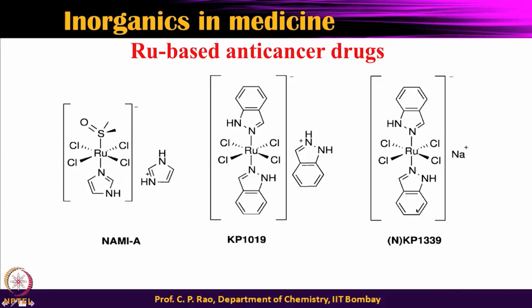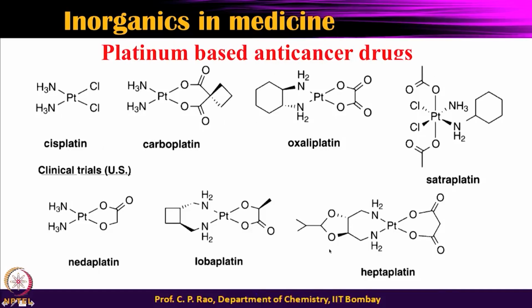So, these two are the same, but the counter cation is different, and this itself is different. So, we have different kinds of anti-cancer agents which are shown to have good potential anti-cancer activity, though they have not been taken to the level of bringing them into the market as a drug. Some of them may be going through trials.